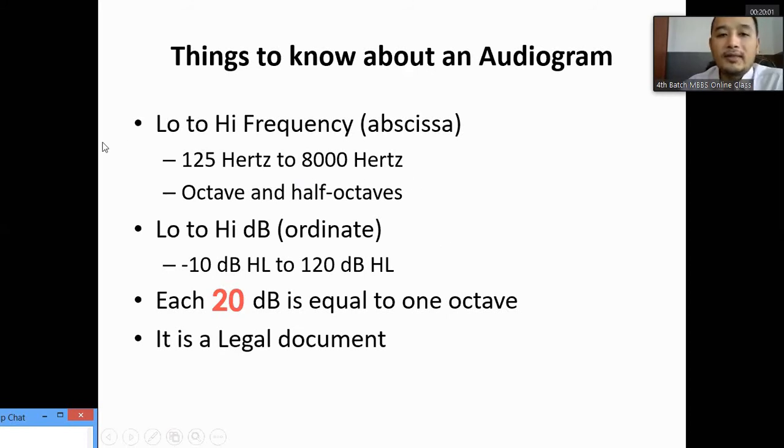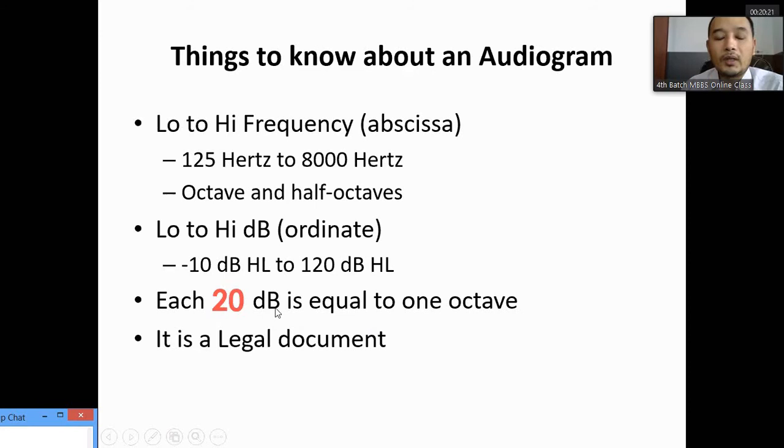This is the x-axis. And on the y-axis, or the ordinate, there is the intensity of the sound, in decibels. The intensity of the test sound we give is from low to high, from -10 decibel hearing level to 120 decibel hearing level.